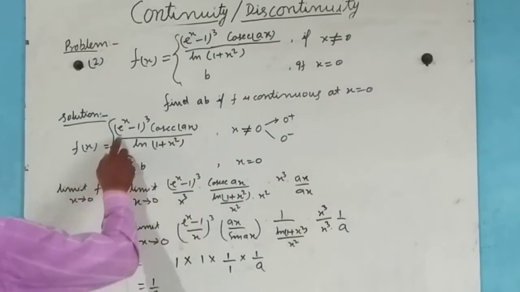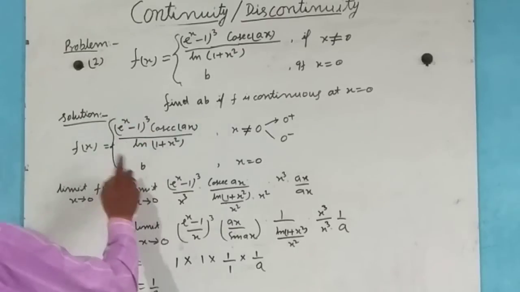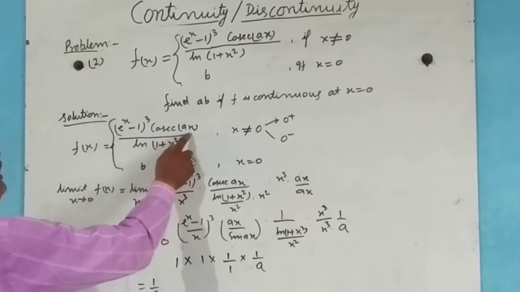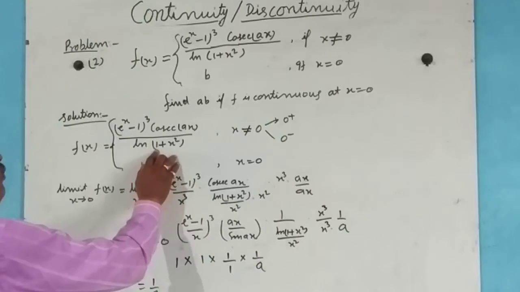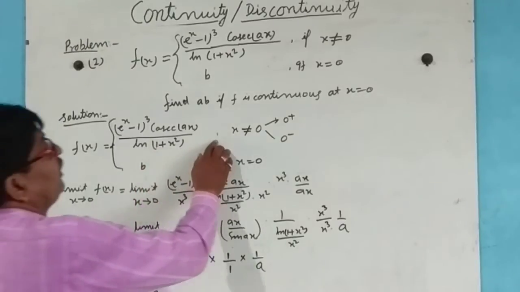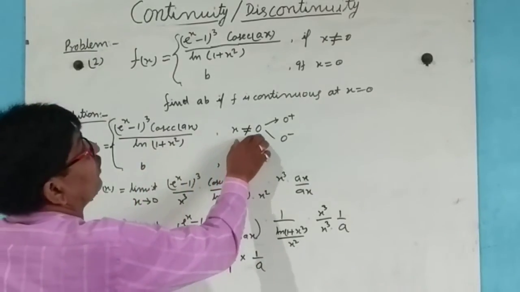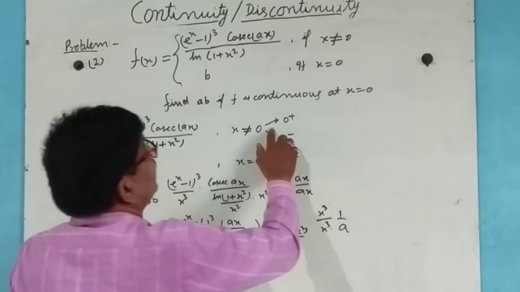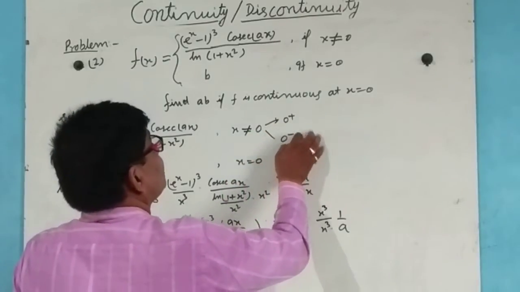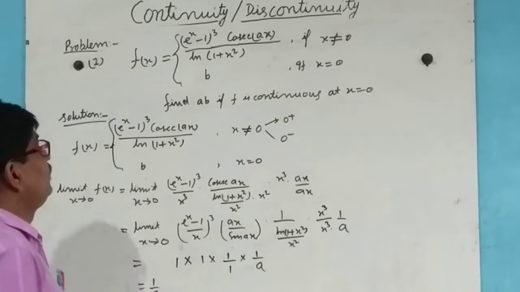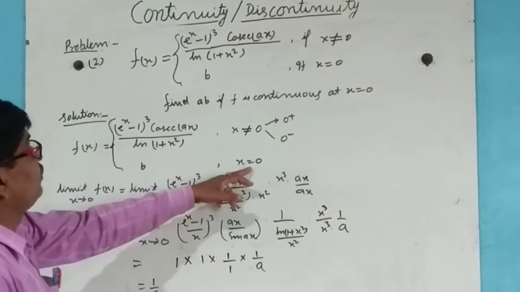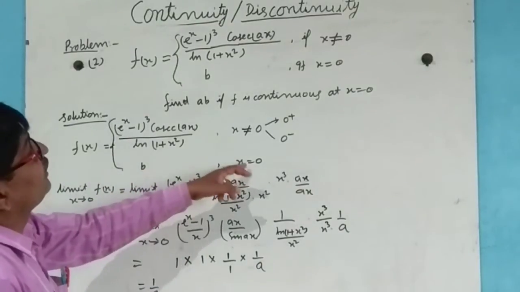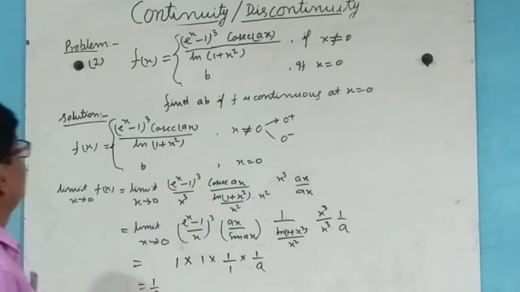Now f(x) is given for x not equal to 0, it means we take the 0 plus and 0 minus values, and b at x equal to 0. This is continuous at x equal to 0.